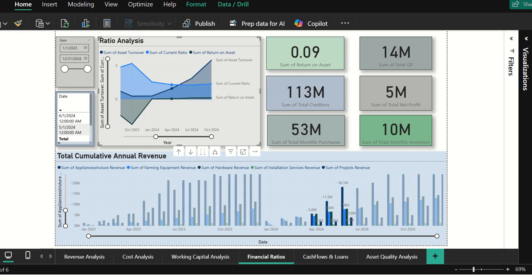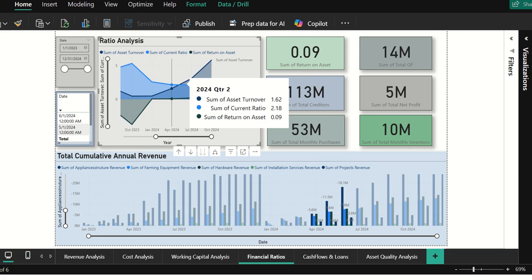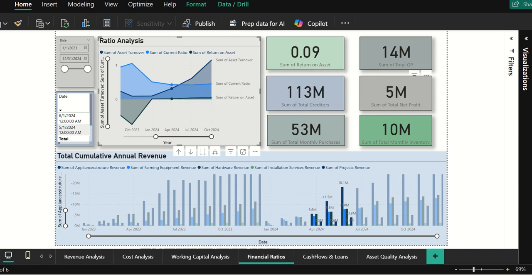So on this one, your asset turnover is 1.2, current ratio of 2.18, and return on asset of 0.09. You find that you had a 40 million kwacha GP, 130 million in creditors, and 5 million in net profit. Monthly you had purchased for a total of 53, and inventory holding was 10.